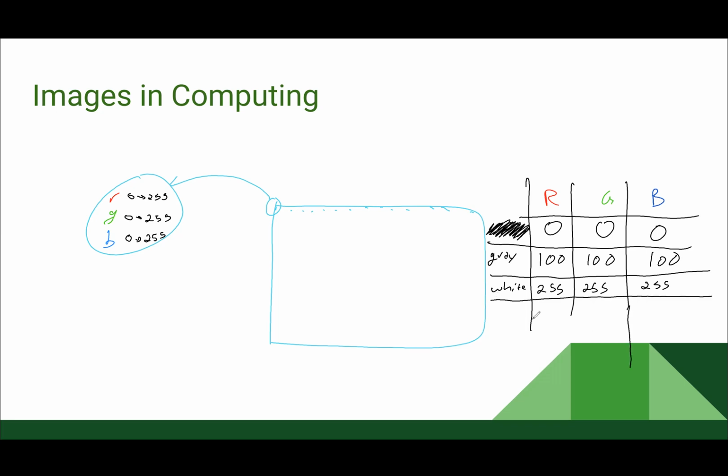And then our other main colors happen when we add all of 2 colors and none of a third. So let's say we have 255 of red and green, 255 of red and blue, and then 255 of green and blue. If we add up a whole bunch of red and green, we are going to get yellow.